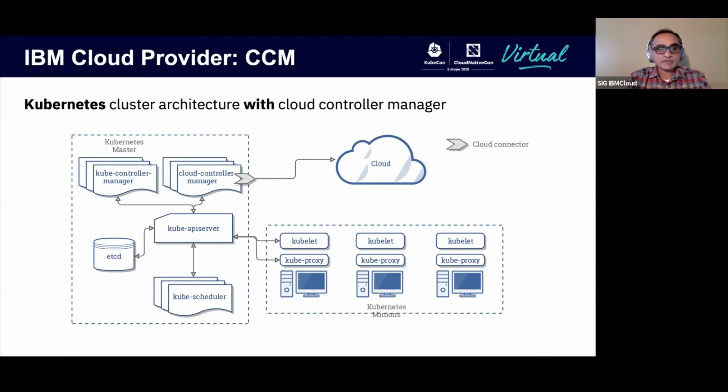They're part of the Kube Controller Manager, also called KCM. But the community realized that this needs to be decoupled from the core Kubernetes, so that Kubernetes and the cloud providers can evolve independently. That process is still going on.